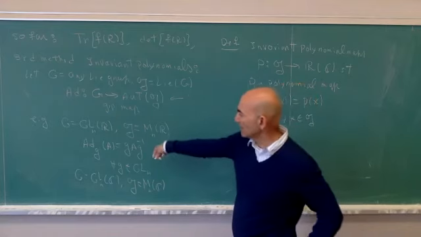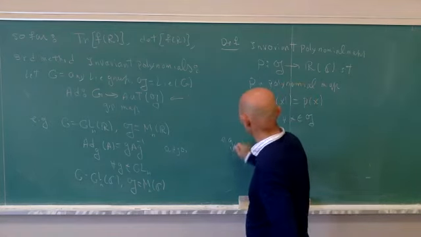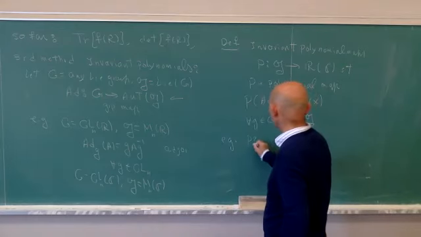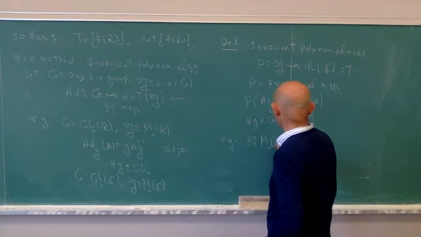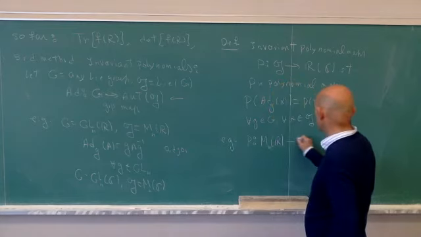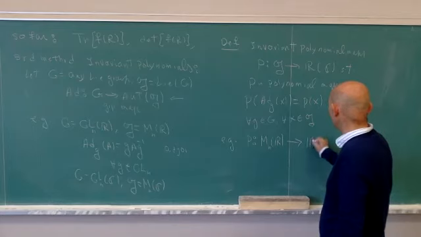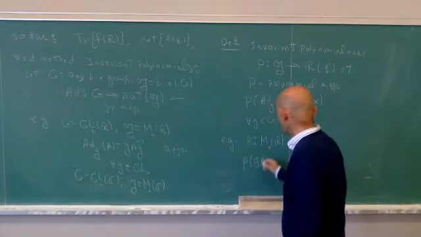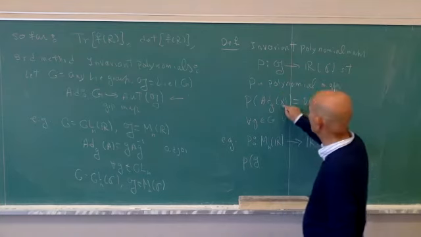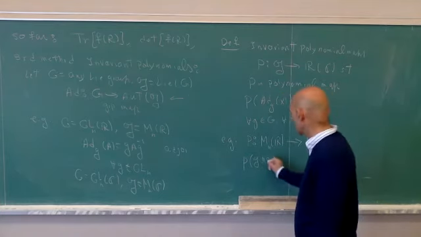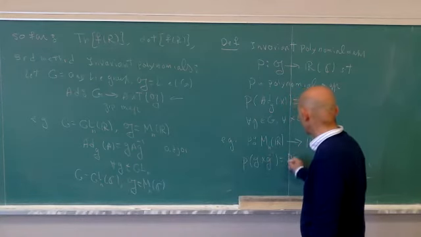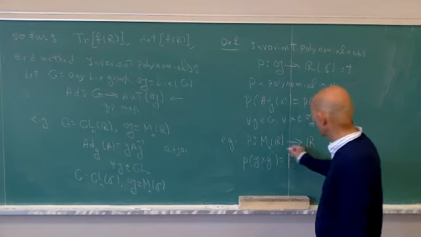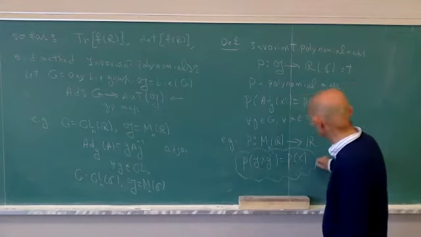So in particular, in this case, we are looking for maps from M_n(R), for example, n by n matrices, to R, such that P of g x g inverse is equal to P of x. So this is this crucial property.